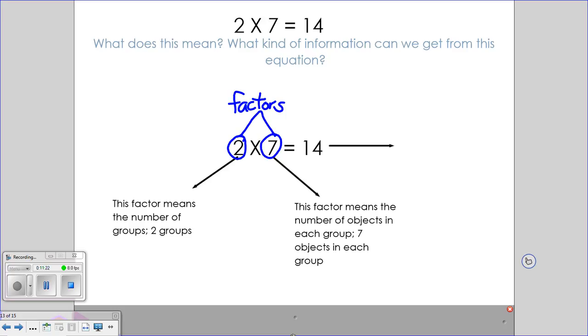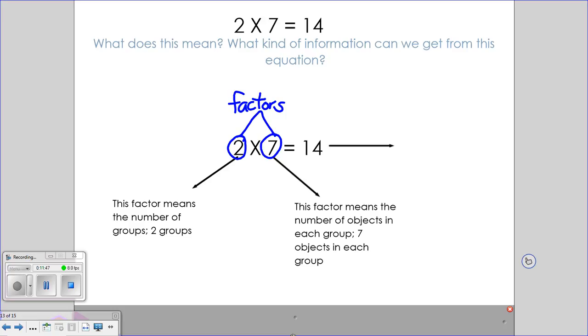We don't have really a unit because we don't know what that is, but we know there's 7 of them in each group. Okay, you need to make sure you write these down. I know it's a lot, and I know it's kind of like, well, Miss Miller, duh, I already know this, but when numbers get more complicated, it's important to go back and remember what they mean.